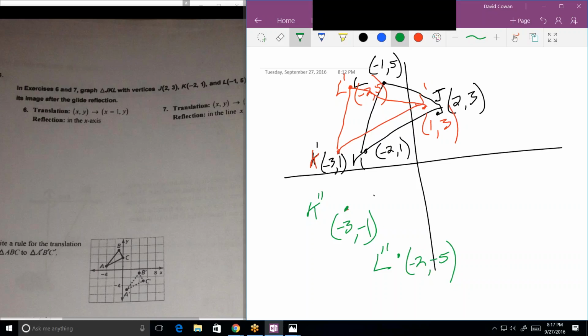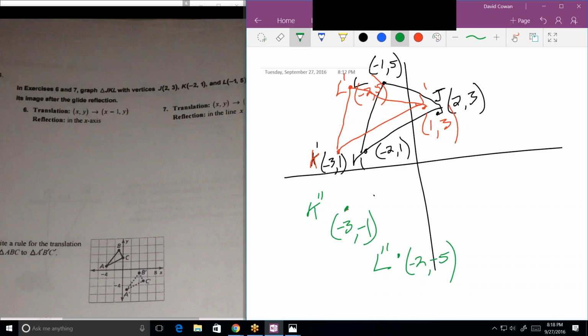Now, start from the red, because we've already translated. Oh, I mean negative 1 comma negative 3. It's not negative 1, it's just 1. In other words, the x-coordinate never changes when you're doing a reflection over the x-axis. The x-coordinate stays the same, right?